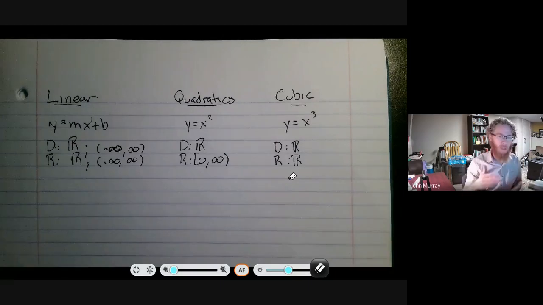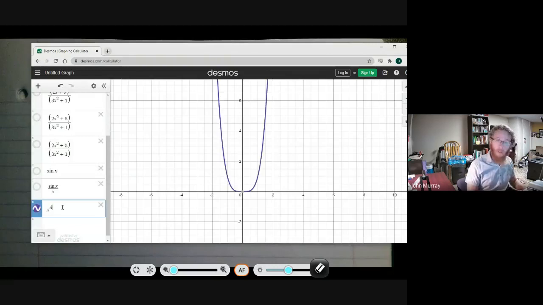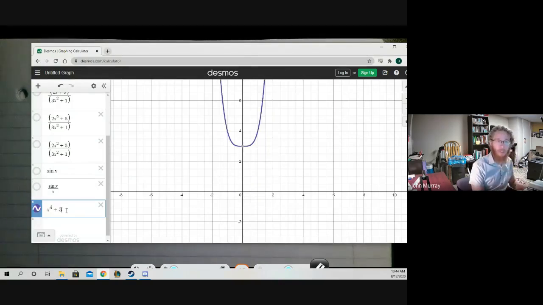And like I said, it just kind of repeats itself. So when I have x to the fourth, it kind of acts like x squared. I'll show you a quick picture. Here, it just looks kind of like a fatter parabola. It's a little wider down here if I start adding stuff to it.